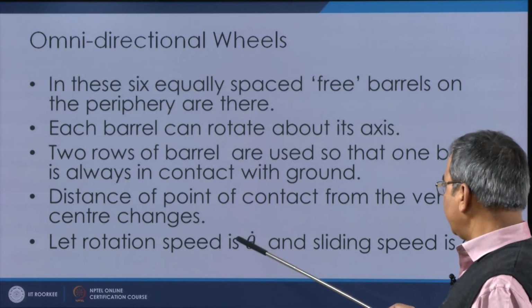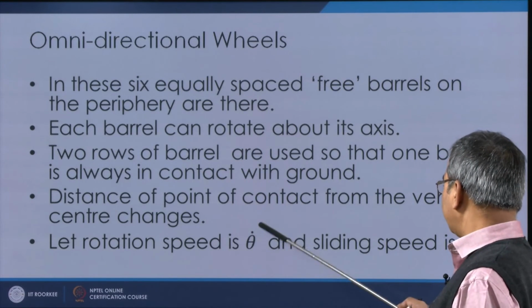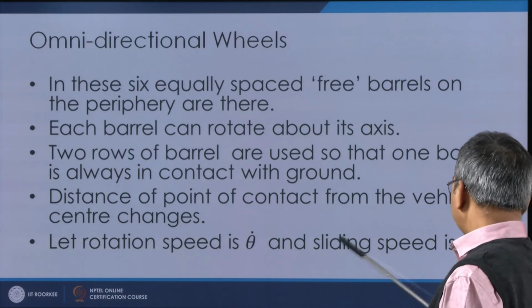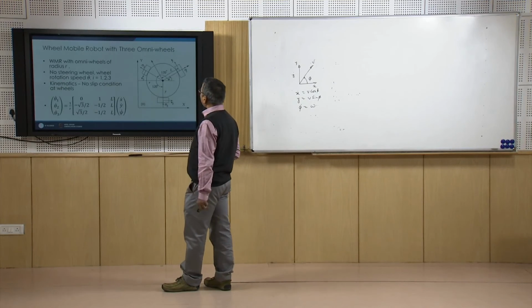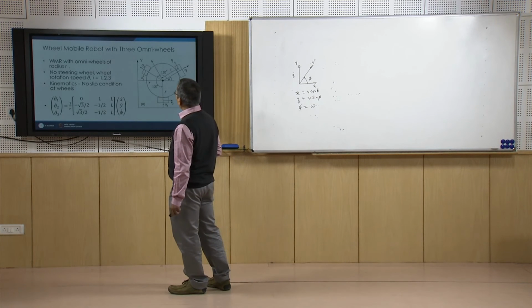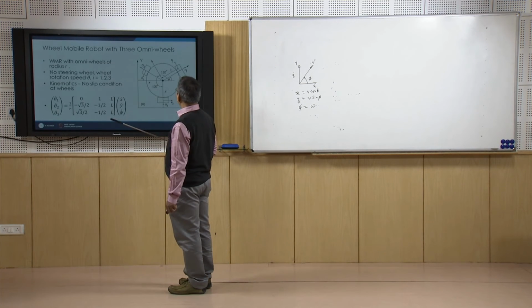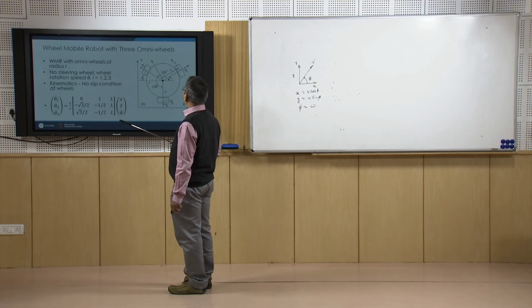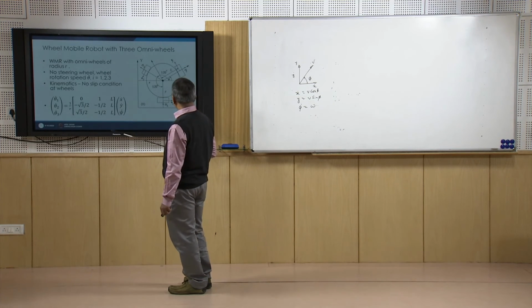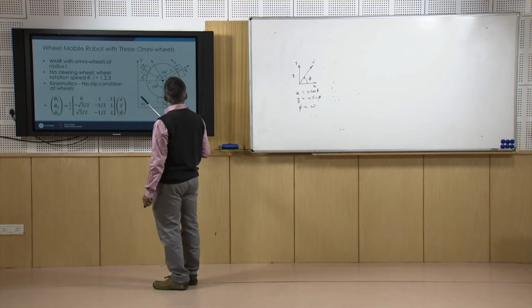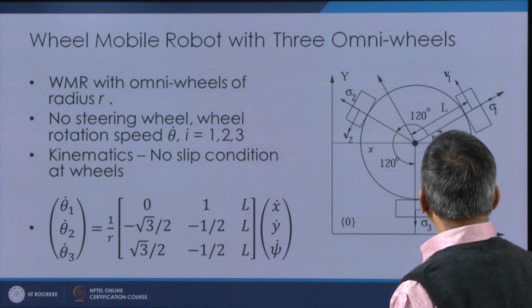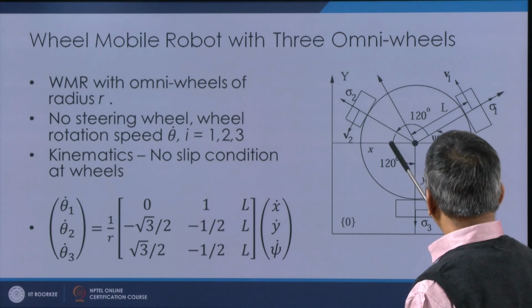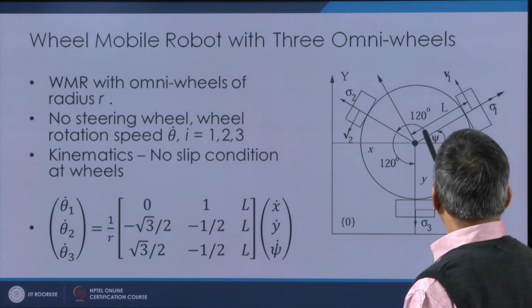Let the rotation speed be represented by theta dot and the sliding speed by sigma. If we want to look at the kinematics of wheeled mobile robots with 3 omni wheels, you can see this is our first wheel, second wheel, third wheel, and these wheels are placed at 120 degrees each.